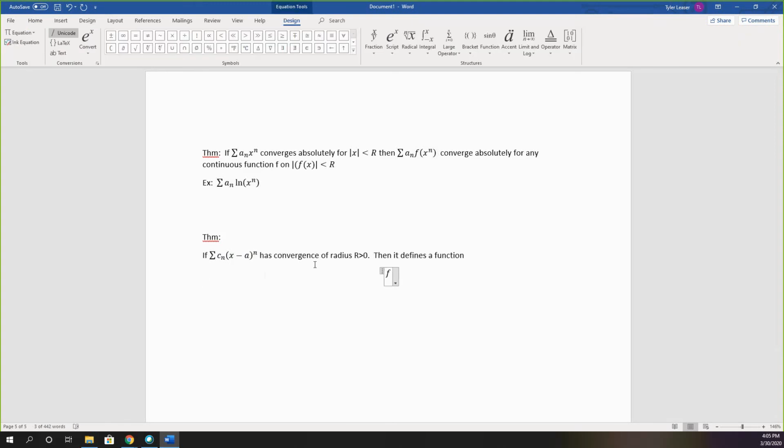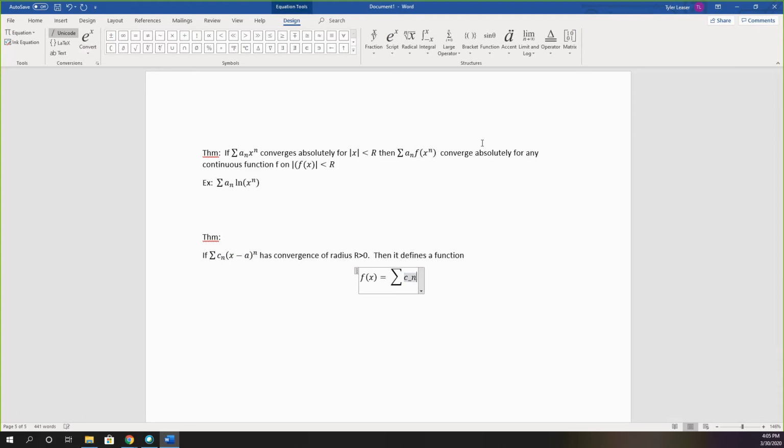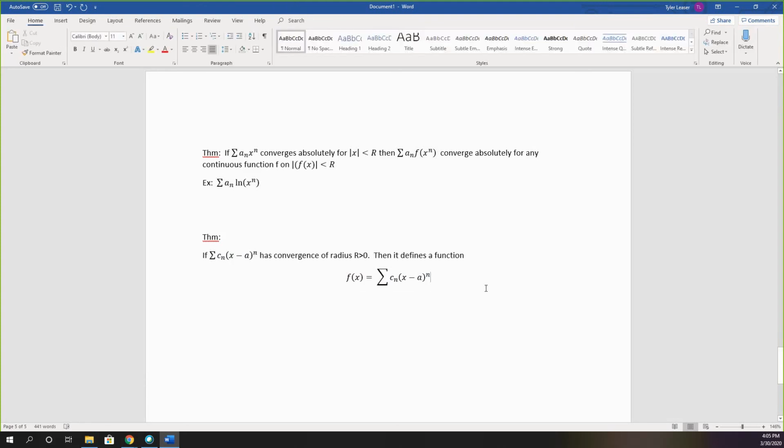All right, so I'm being kind of nonchalant about this, but this is super important. Basically what this is saying is that if you have a power series that converges, then you can just treat the power series as its own function f of x. And not only can you treat it as a function, but this function has derivatives.